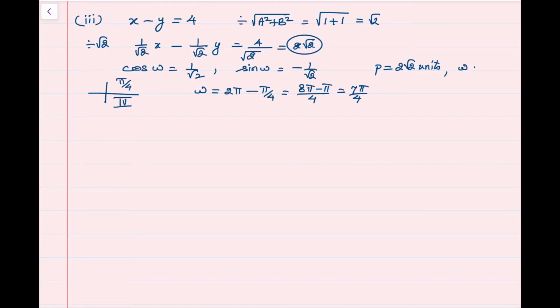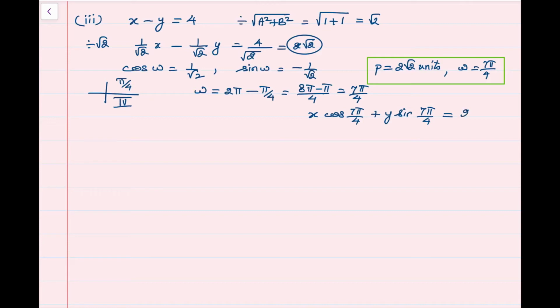Therefore, omega is 7 pi by 4. Now, let us write the equation in the normal form. X cos 7 pi by 4 plus y sin 7 pi by 4 is equal to p is 2 root 2.